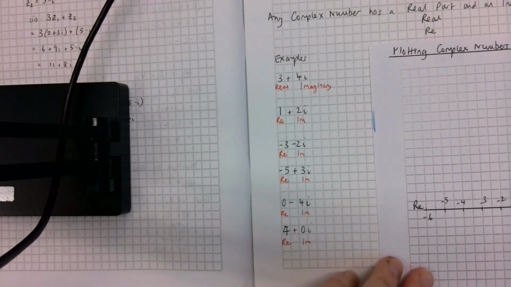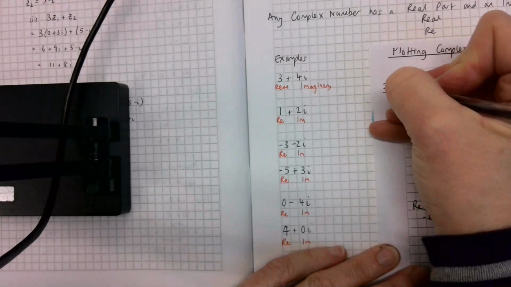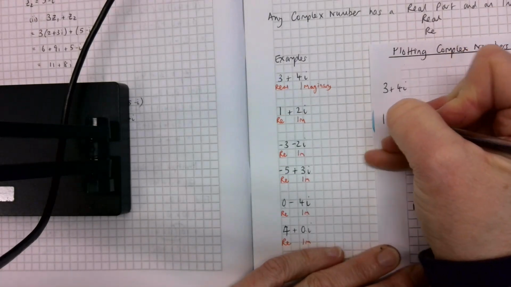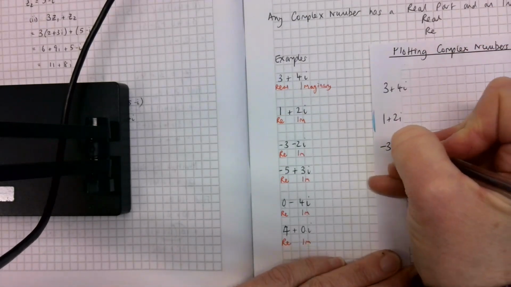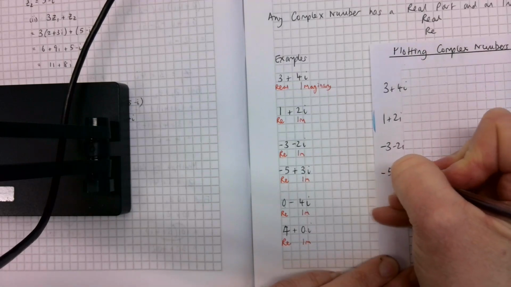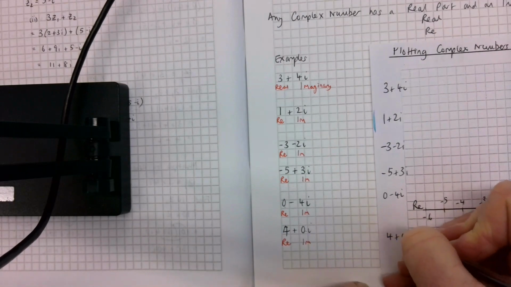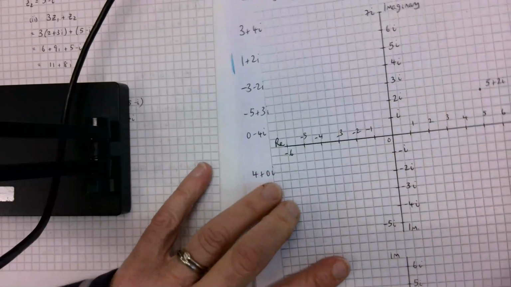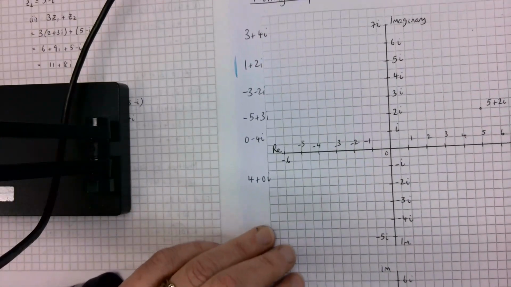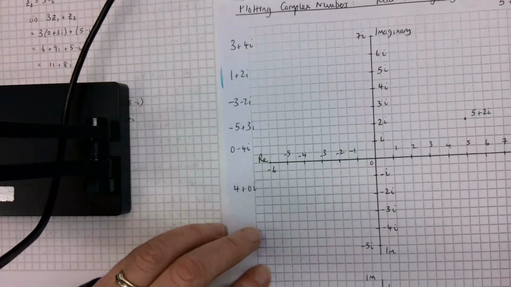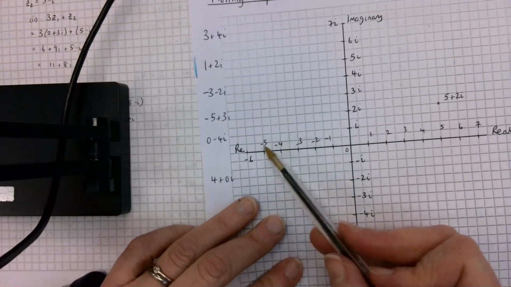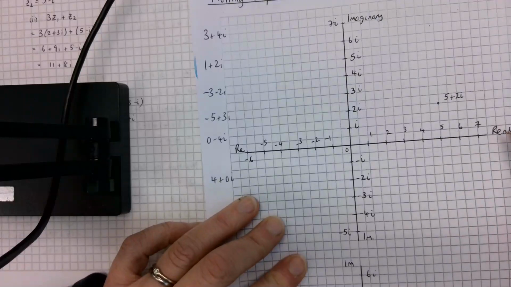When we come to plot those complex numbers, let's just write them down here. 1 plus 2i, minus 3 minus 2i, minus 5 plus 3i, 0 minus 4i, and 4 plus 0i. When we come to plot those, we plot them like we do in coordinate geometry. We have two axes, a real axis and an imaginary axis.